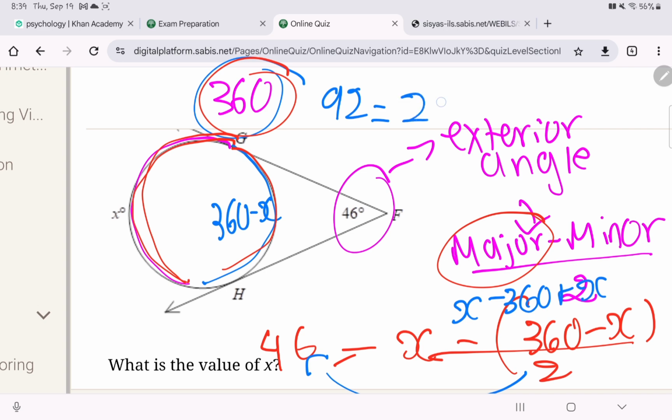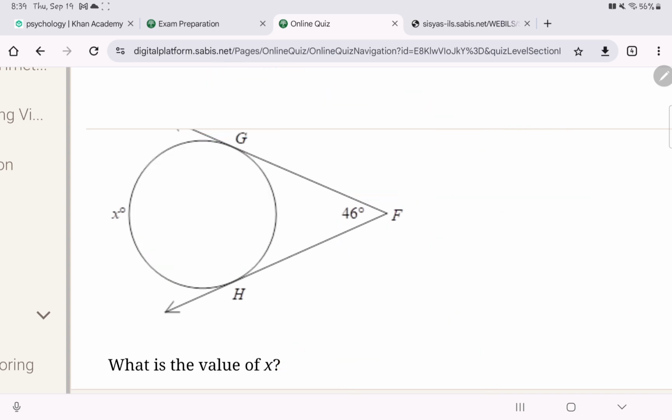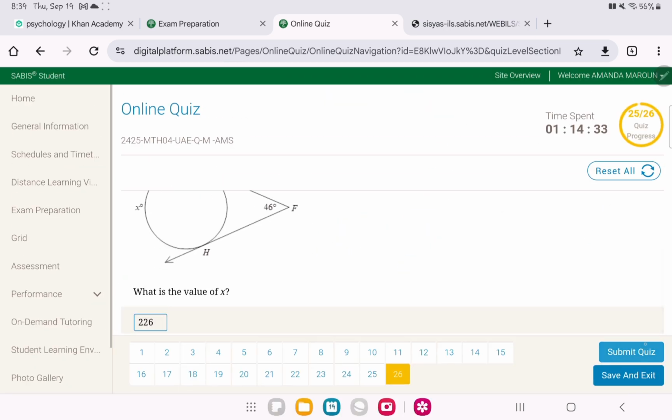So 92 is equal to 2x minus 360. Bring 360 to the other side. We're going to have 452 is equal to 2x. So then x is equal to 226. Very done and very simple. So let's double check if there are any mistakes.